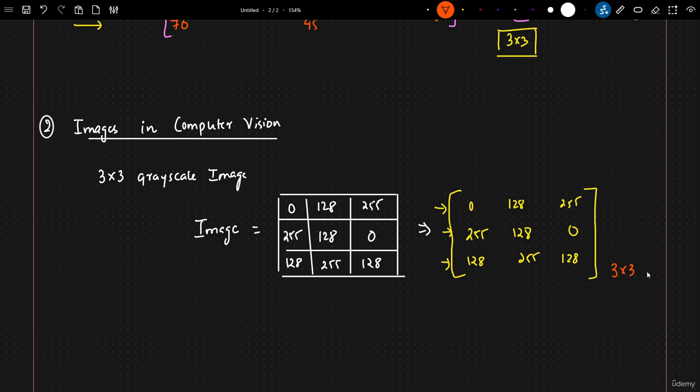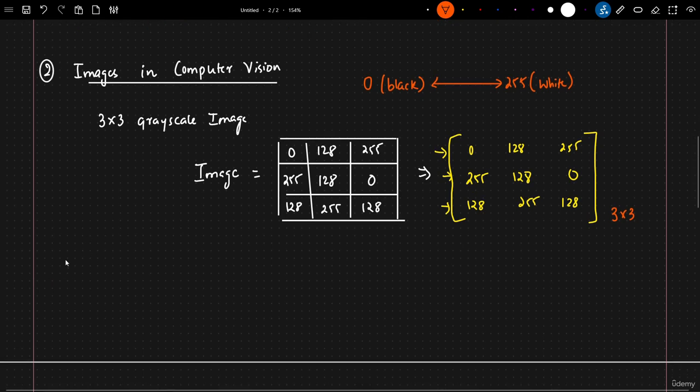So similarly, images can also be represented, and here understand 0 basically means black, okay? 255 usually means white. So if the value is ranging between 0 to 255, then you can consider that if it moves towards 255, it will become whiter and whiter. If it moves towards 0, it will become darker and darker, okay? So this is an example of how an image is also represented in the form of a matrix, okay?